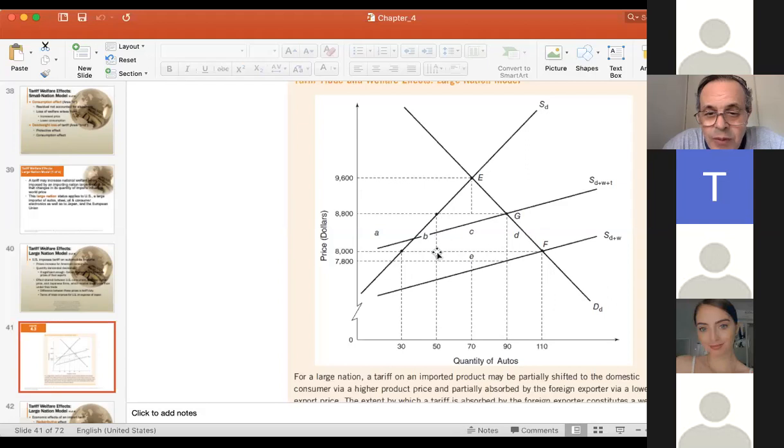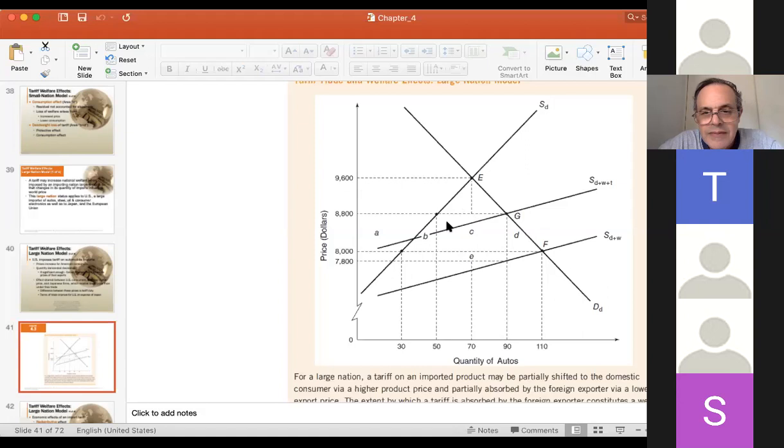And this will be equivalent to how many cars produced at home? How many cars? 50. 50. So what will be our imports? 40. What's that? 40. 90 minus 50. Yeah, 40. Very good. 90 minus 50. So this is basically how much we will be importing right here. This distance right there. That's how much we will be importing.